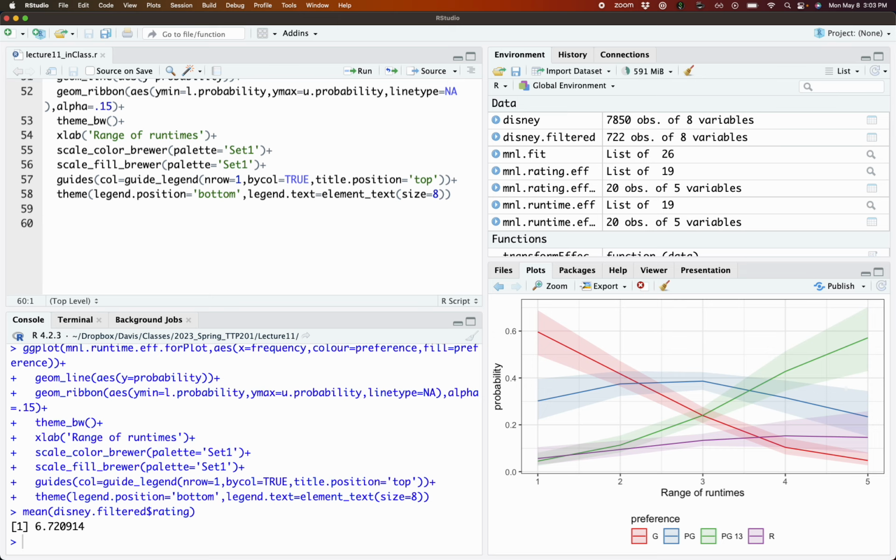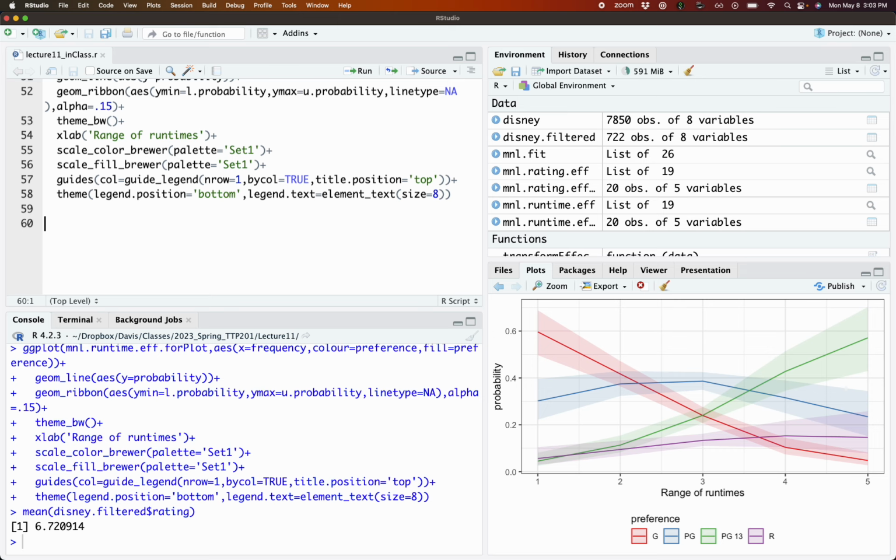So think of it this way. This is a plot where you've fixed the rating. If you fix the runtime to some arbitrary number, a different number than the average which we looked at, you would generate another plot, and that plot would look probably similar, but a little bit different to our previous plot.